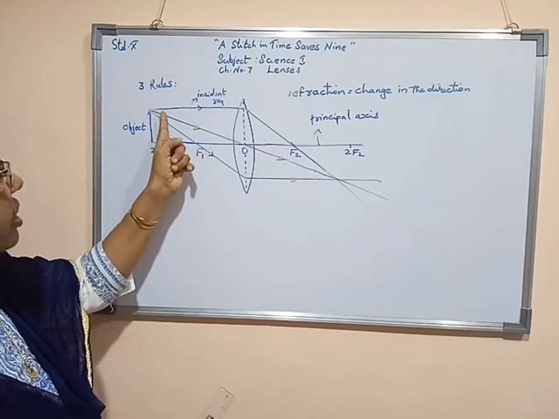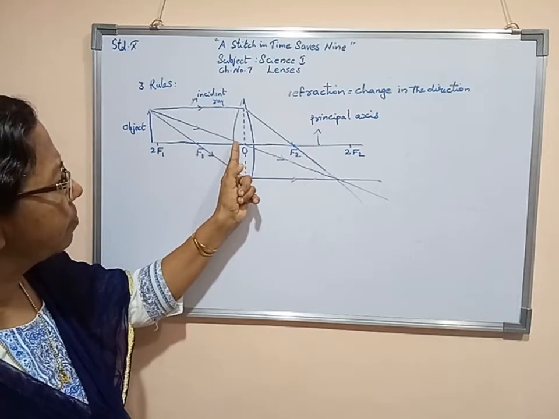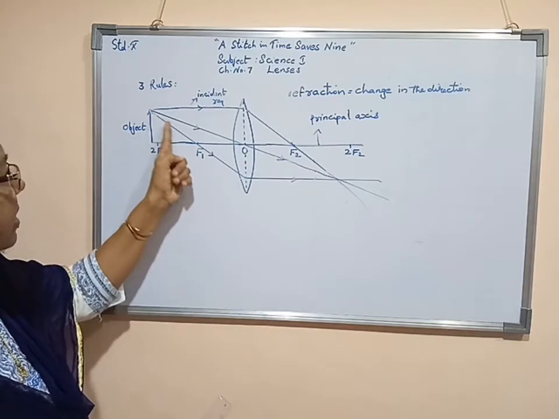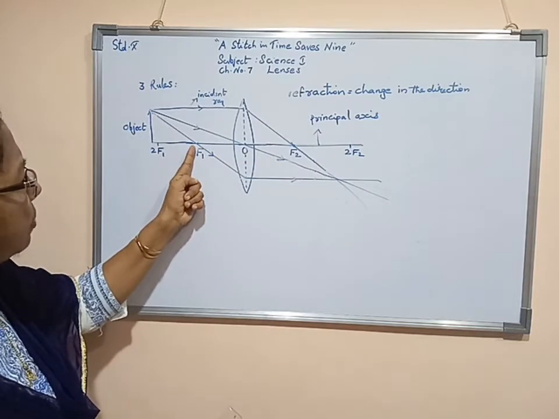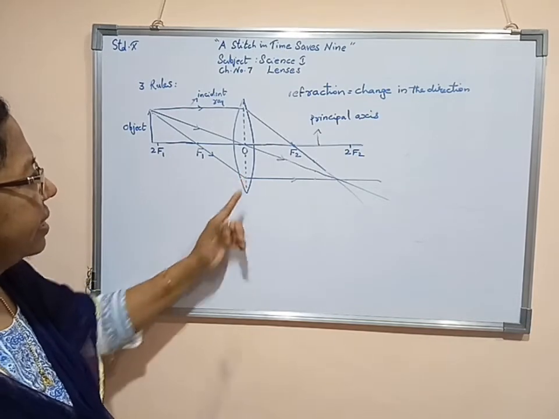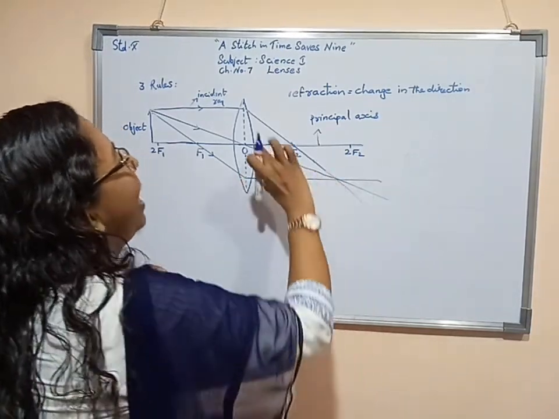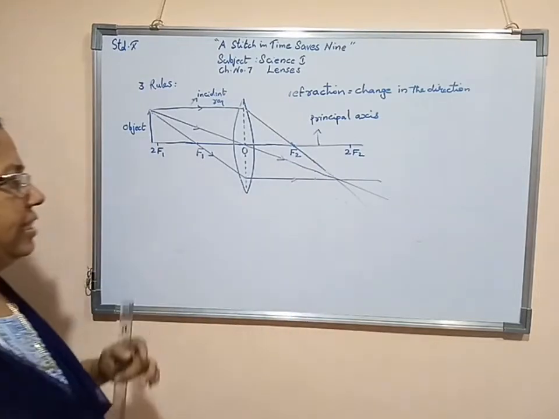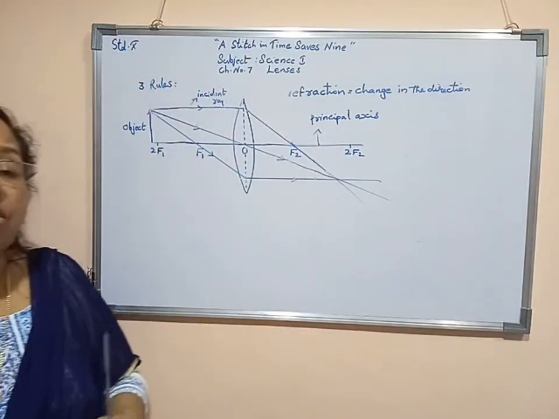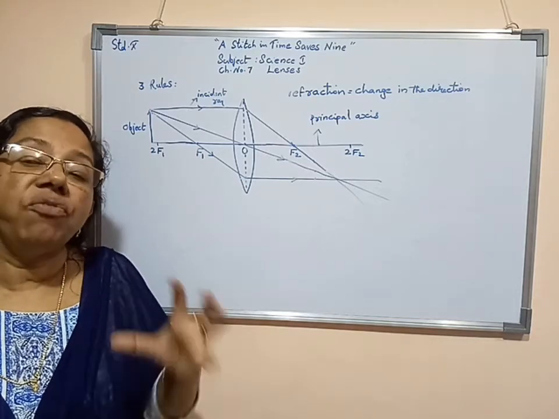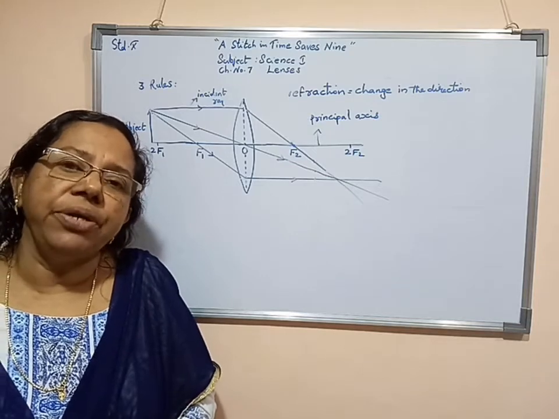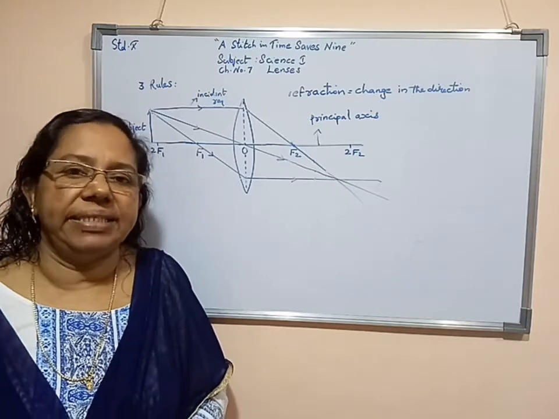This ray, which is passing through the optical center, passes straight without any deviation. This ray, which is passing through the principal focus, after hitting here, travels parallel to the principal axis. These are the three rules we require to learn for drawing ray diagrams by using convex lens.